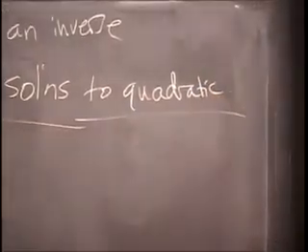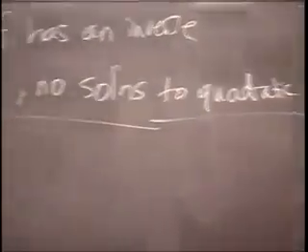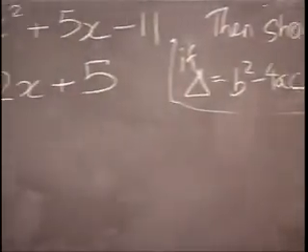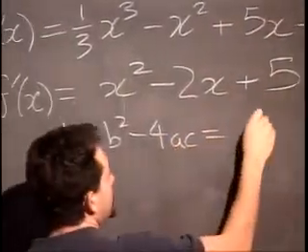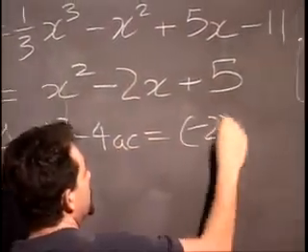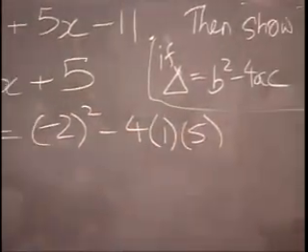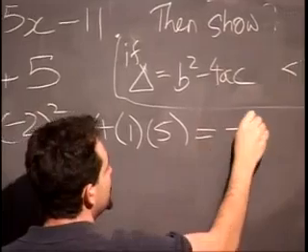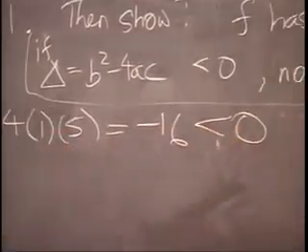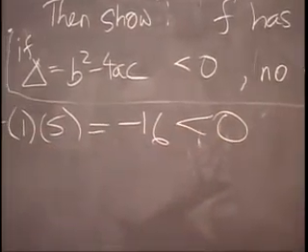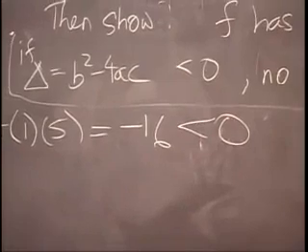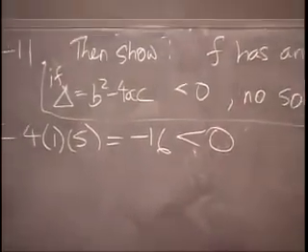So in this case, the discriminant is (minus 2) all squared minus 4 times 1 times 5. So that's 4 minus 20, negative 16, which is less than 0. So this means that this quadratic does not cross the x-axis.